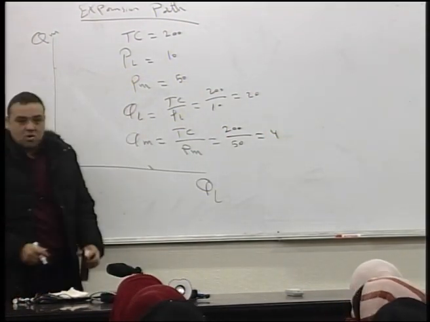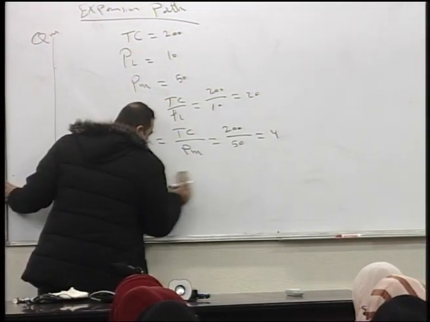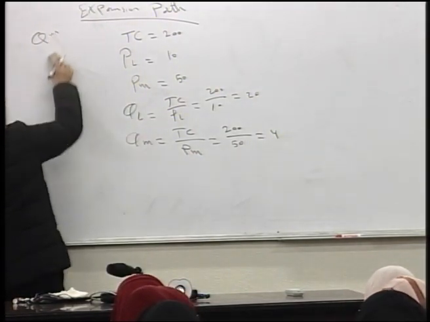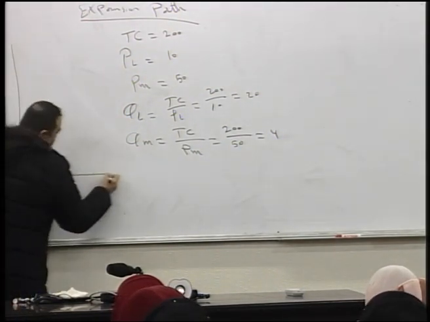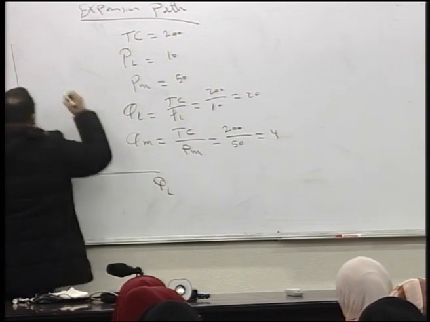Draw the isocost curve. Here, QL and QM.